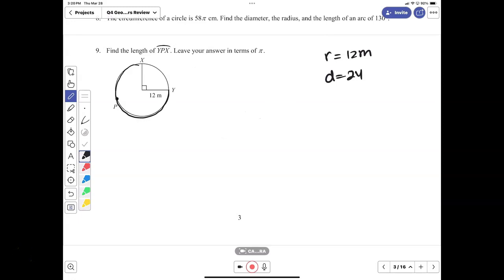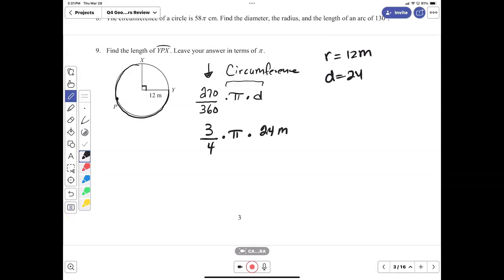Find the length of the major arc YPX, and we know that since this is 90, the major arc is going to be 270 out of 360 degrees times pi times d. This represents the circumference, and this represents the fraction that we want.